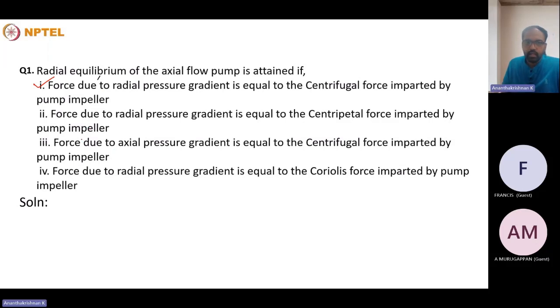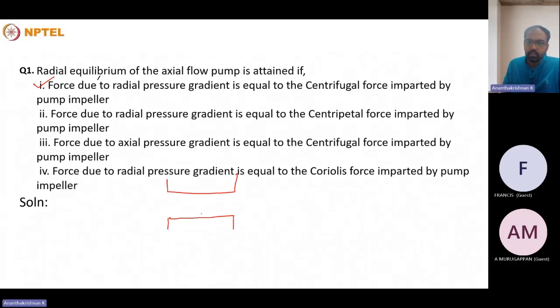So in the case of radial equilibrium, before that we will try to draw a small diagram of axial pump operation.